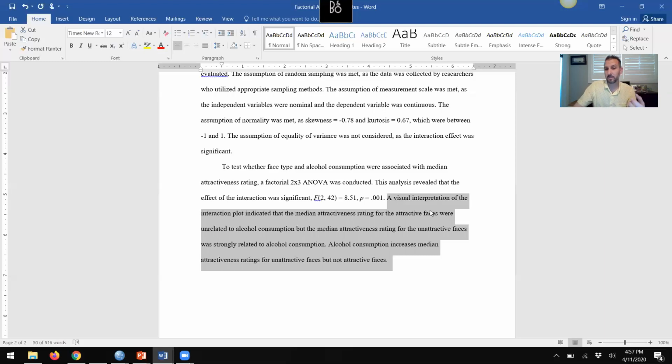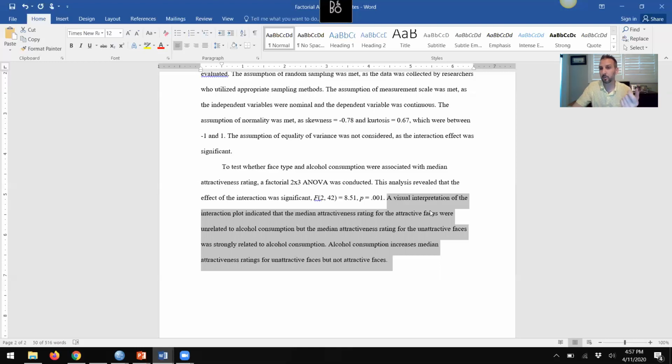Okay, and then the second sentence isn't even needed, but I felt like it was helpful to put it in plain language. Alcohol consumption increases median attractiveness ratings for unattractive faces, but not attractive faces.